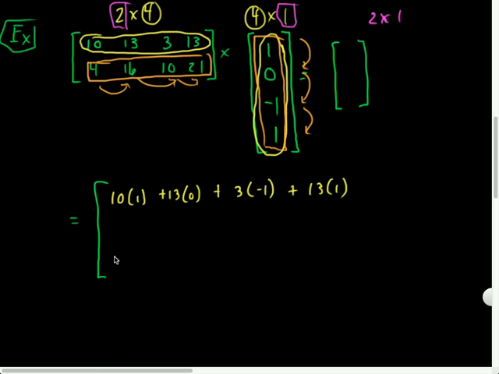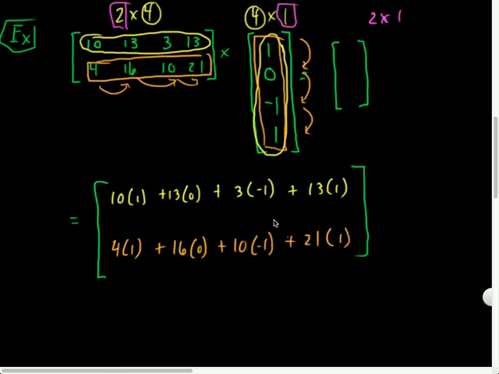So I'll have 4 times 1 plus 16 times 0 plus 10 times -1 plus 21 times 1, right? And I realize this matrix looks like a wide matrix right now, but remember it's only one element. It's only got one column for its width, so it's a 2 by 1 because of these plus signs here.